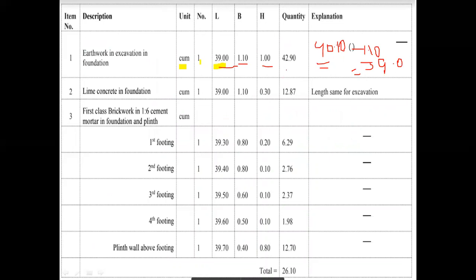Next, finally, quantity is length into breadth into height, 39 into 1.1 into 1, that equal to 42.90. It is in cubic meters units.